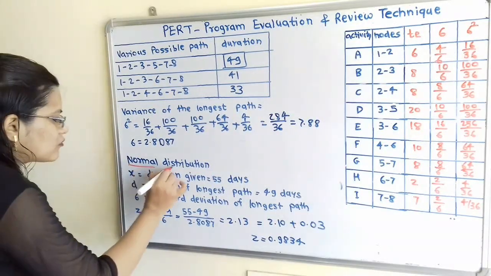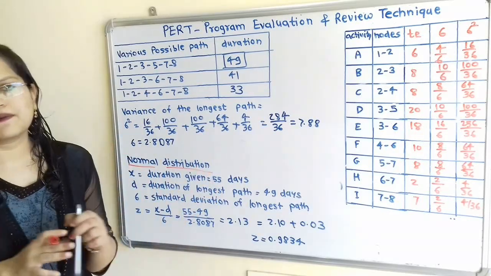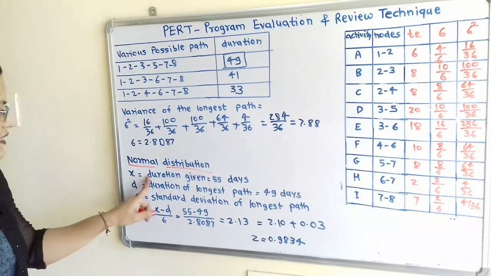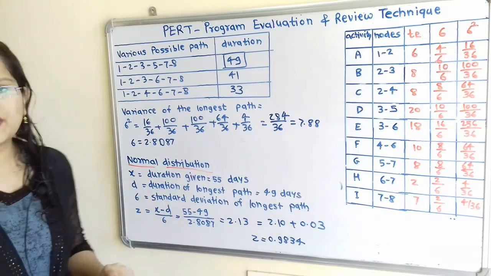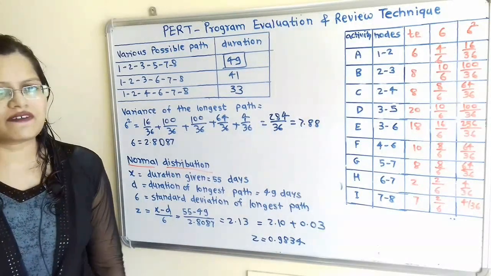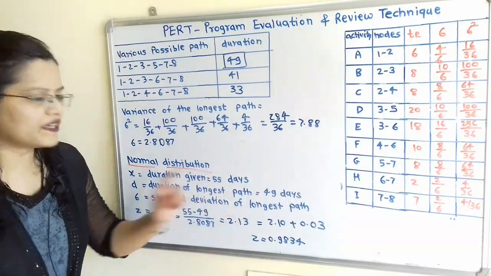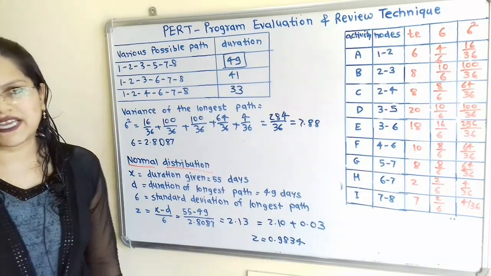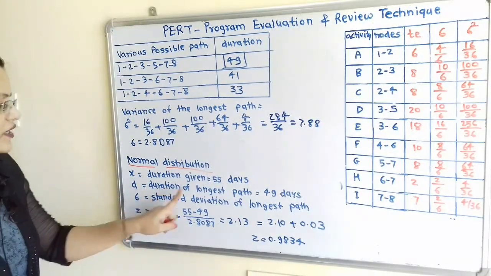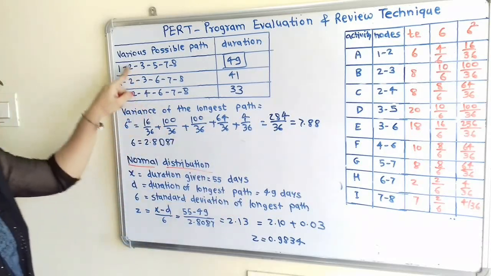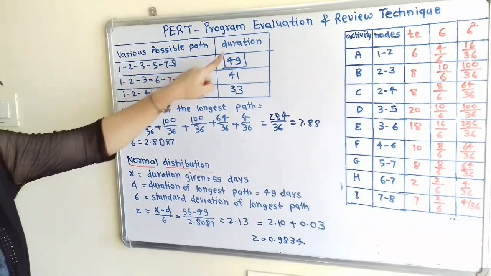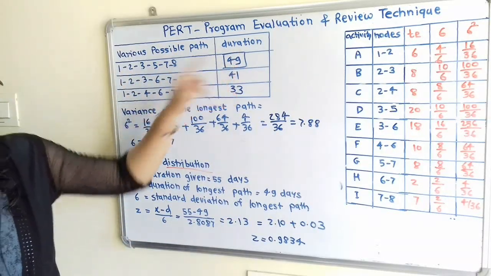So how to calculate this? We have different parameters. First one, x is equal to the duration given. The duration mentioned in the question is 55 days. So this value is x. Then d, the duration of the longest path. This is the longest path, which has a duration of 49 days.